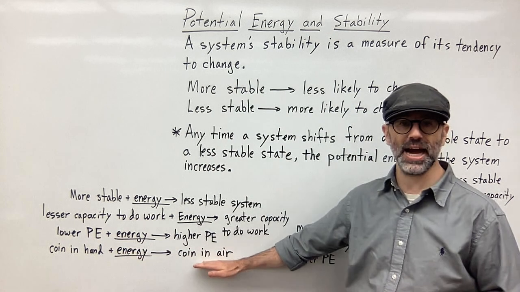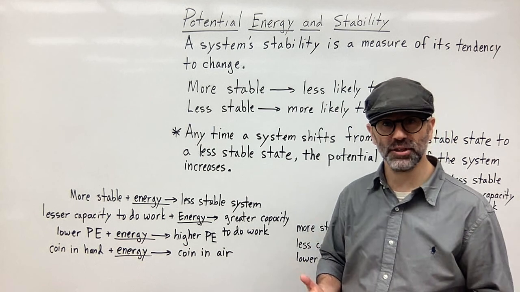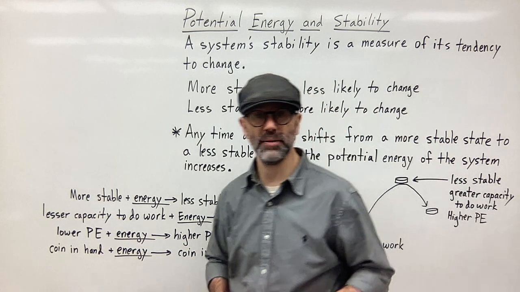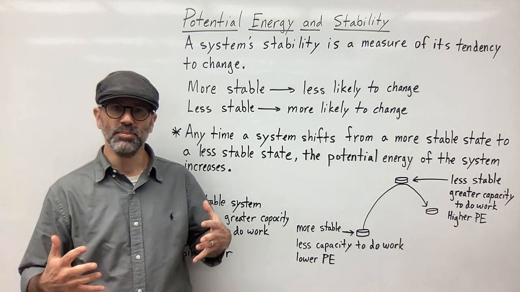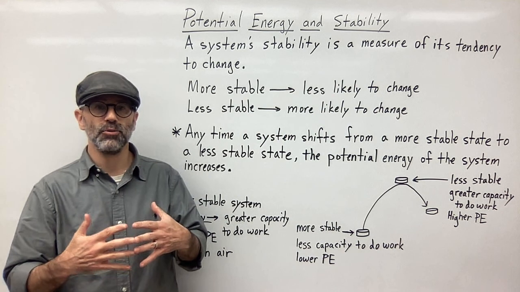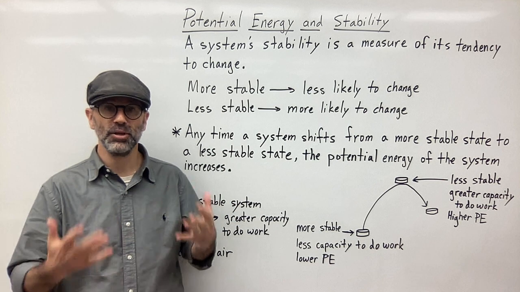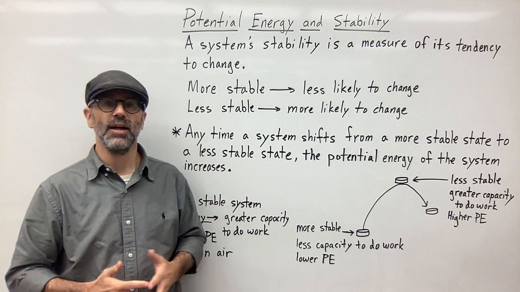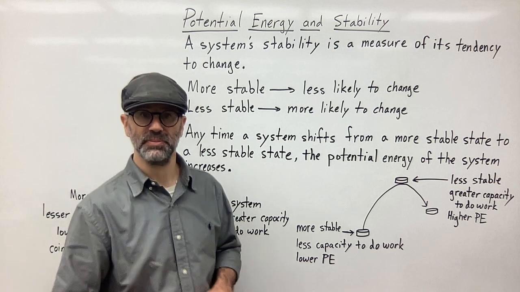Now the coin's in the air. It's going to have a greater potential energy, greater capacity to do work, and so on. So now that we've talked about the relationship between potential energy and stability and the capacity to do work, let's now apply this to molecules.